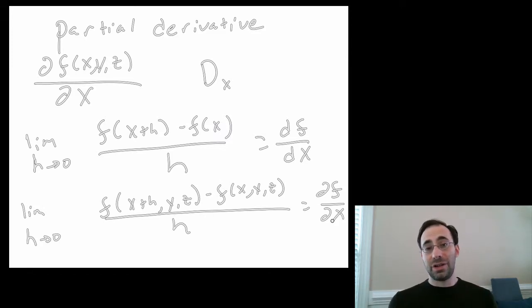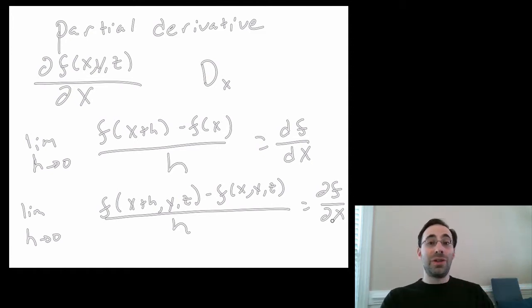That's it. So fundamentally, you calculate a partial derivative by taking the derivative, as we did before, with all the exact same rules, with respect to a particular variable. And the key is you keep all the other variables constant. That's the key. It's the same as a normal derivative that you've seen before, except you keep all the other variables constant.